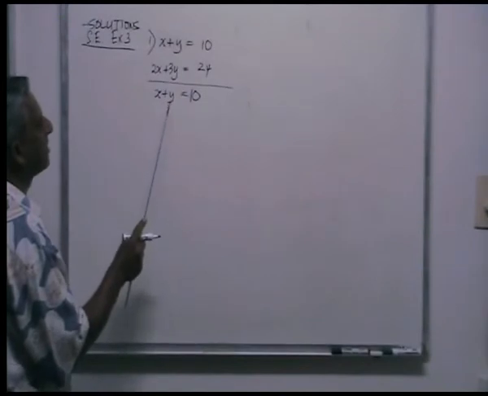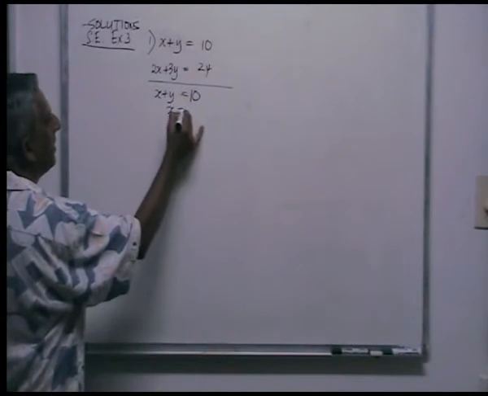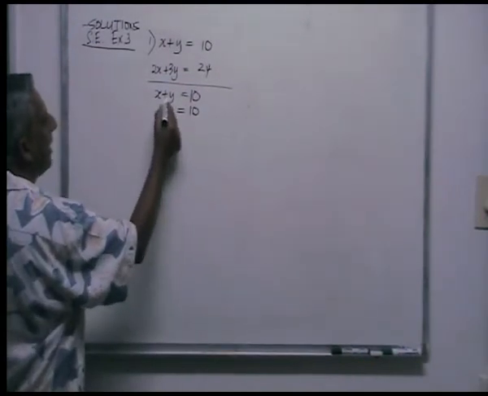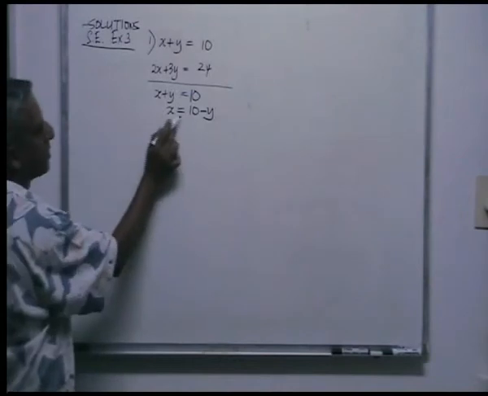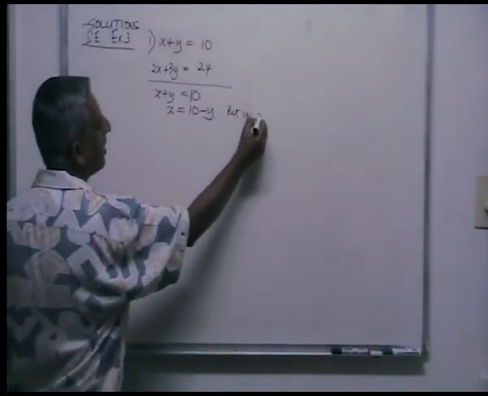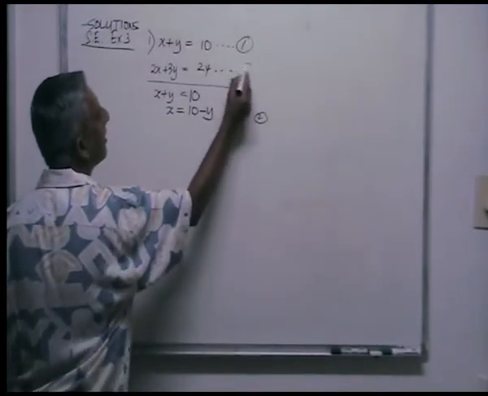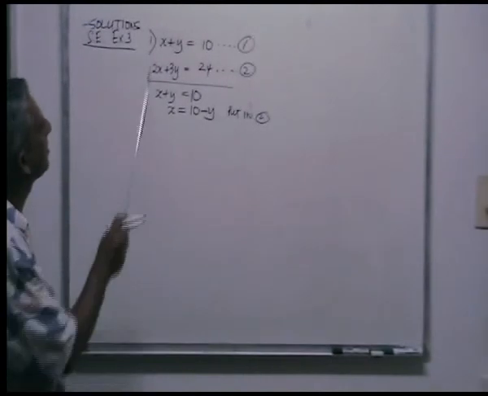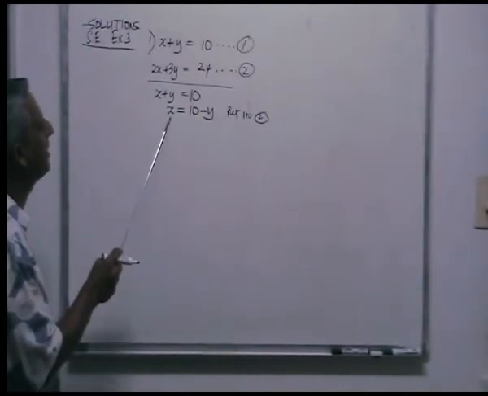Let's say we say, right, let's leave x here and take y that side. So x will be here, there's your 10, and when you take y that side it becomes minus y. So x is equal to 10 minus y, and that's what you're going to put in number 2. So that's number 1, that's number 2. So you see, you wrote number 1 down, you decided to leave x here.